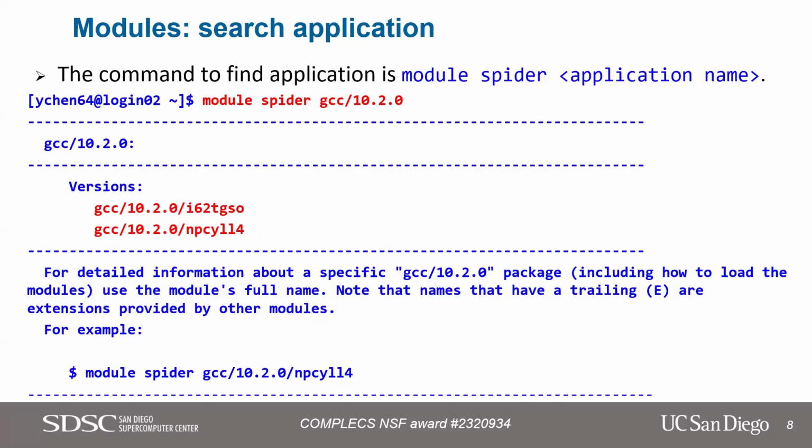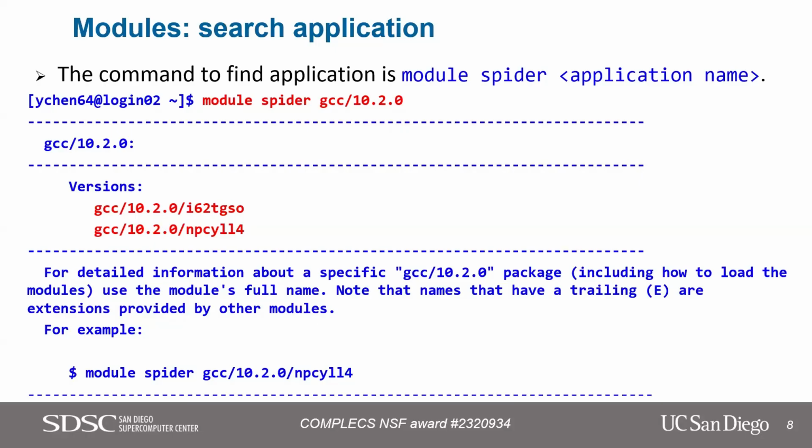Then we just run module spider GCC/10.2, and the output will give us two flavors of GCC 10.2. You may wonder why we have two flavors of GCC 10.2 installed system-wide.